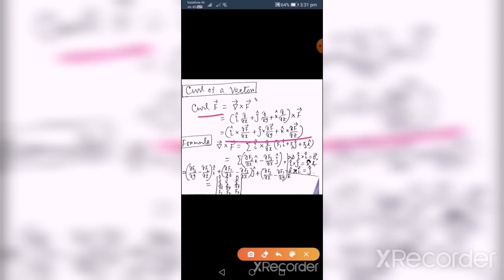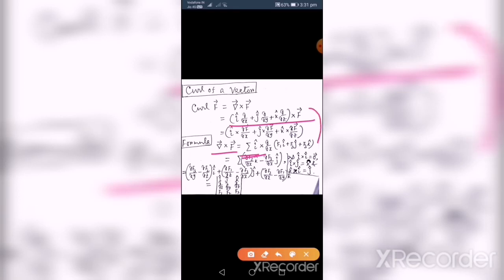A formula for del cross f may be obtained as follows. Del cross f equal to, we are putting the summation sign, so we are taking only the first term from this, i cross del f/del x, putting f as f1 i plus f2 j plus f3 k.